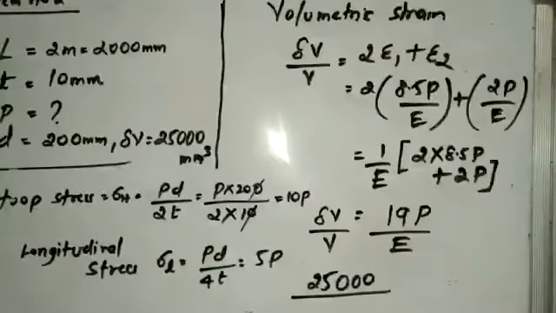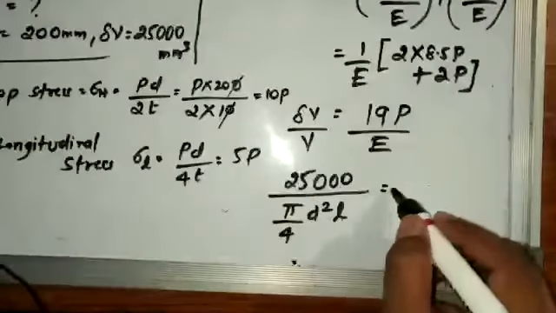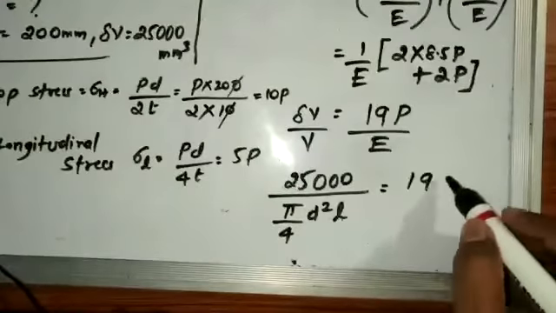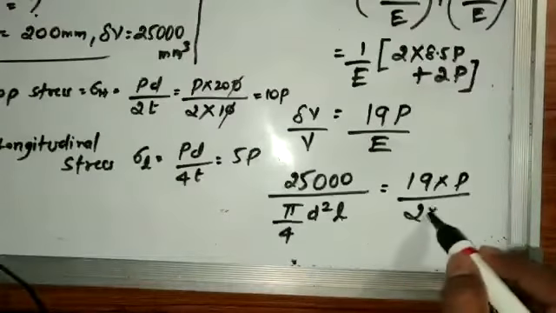What is volume? Volume of a cylinder. Previous class we have written the formula. Pi by 4 d square into L. That is the volume of a cylinder. 19 into P upon 2 into 10 power 5.